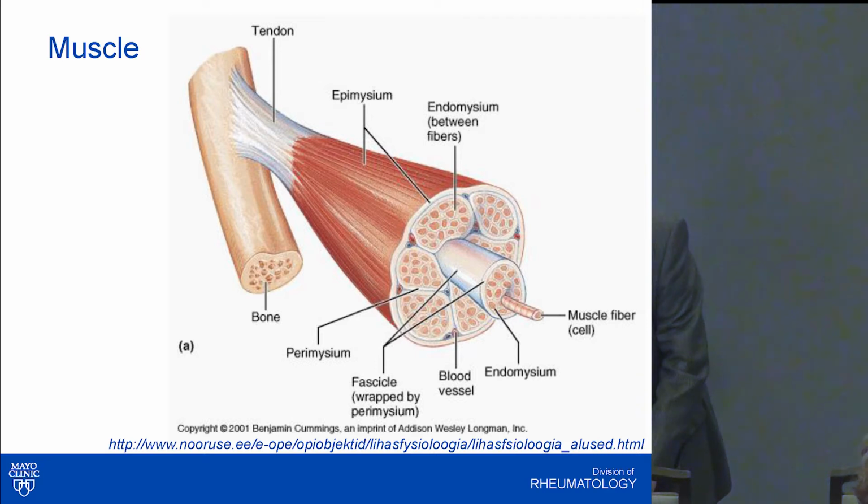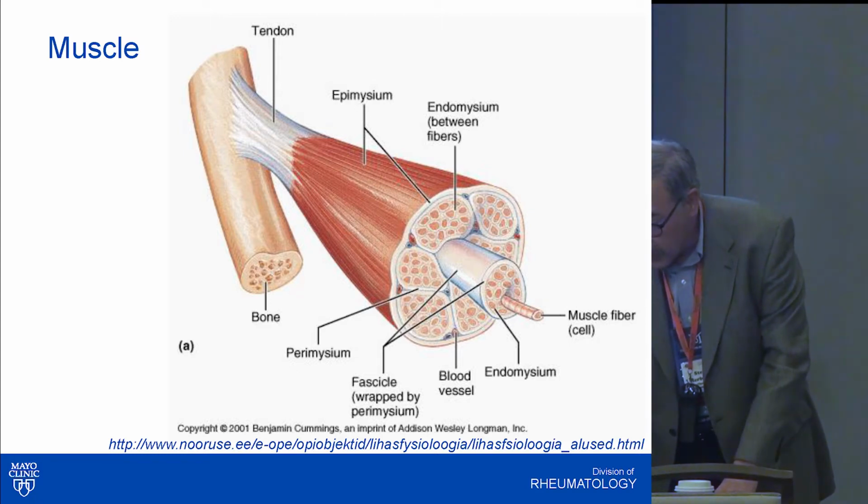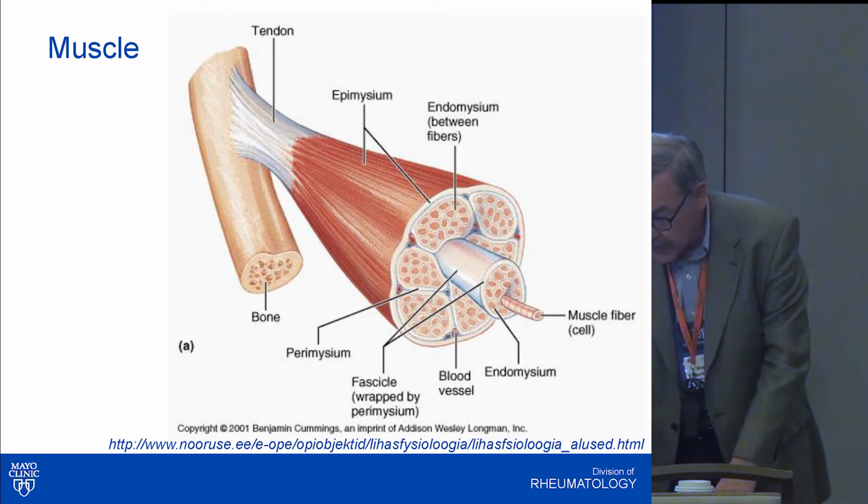Each of these somewhat rounded things in between are muscle fibers, which are the cells of muscle. So think of it in this diagram: here is bone, tendon attaches to the bone, and muscle, when it contracts, pulls on the tendon to move the bone.